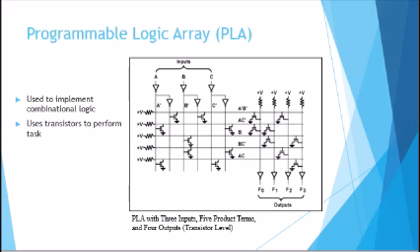If a PLA has, for example, n inputs and m outputs, it can have m functions with n variables. The picture shows an example where 3 inputs, A, B, and C, have 5 product terms, A', B', A, C', B, BC', and AC, and has 4 outputs on the transistor level.